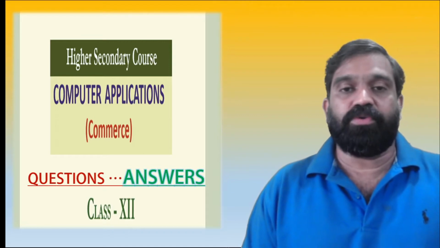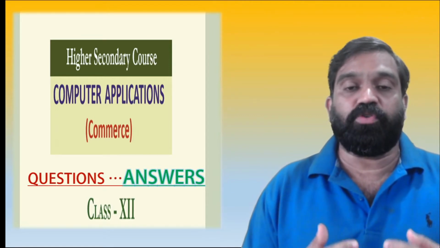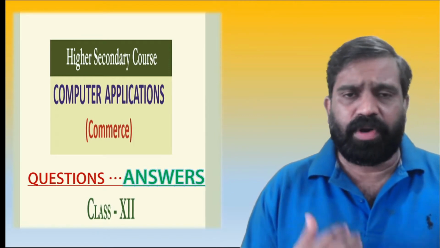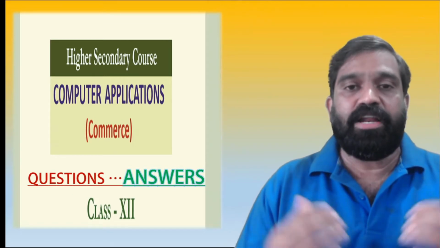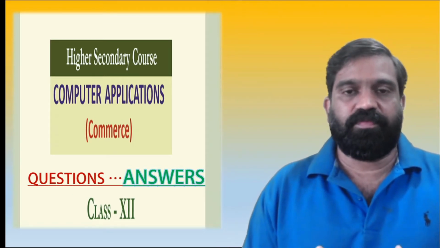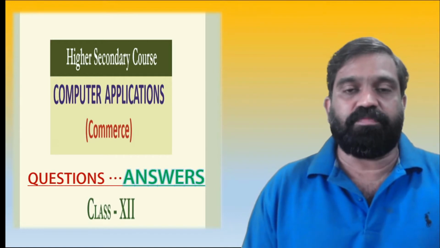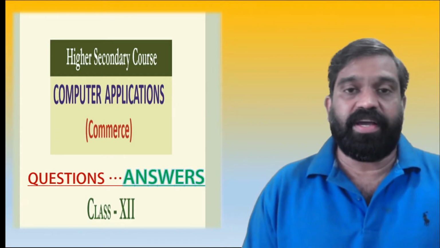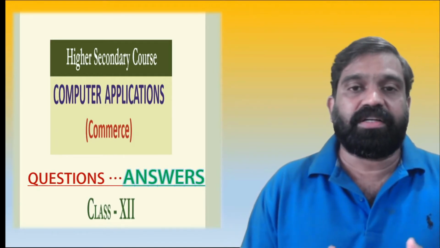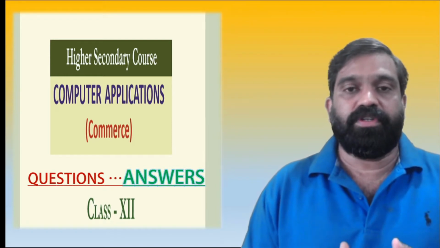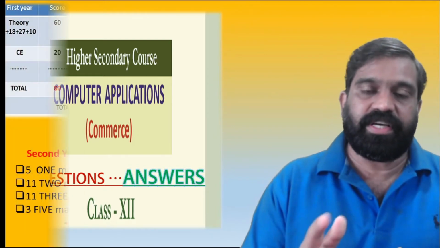Before we make a tour of this chapter, I would like to bring up the evaluation process by which we are evaluating computer application, especially the mark denomination of the theory examination in second year.